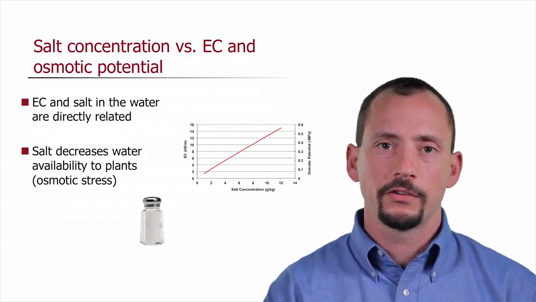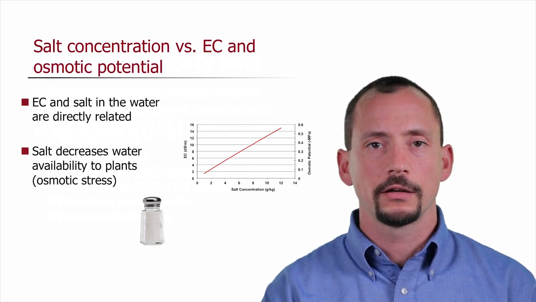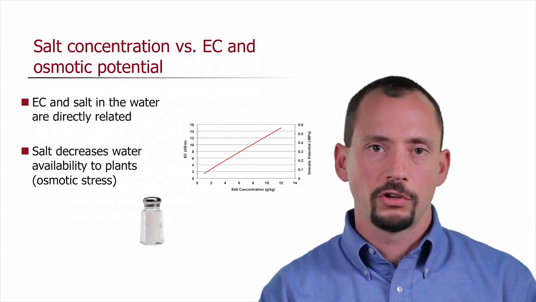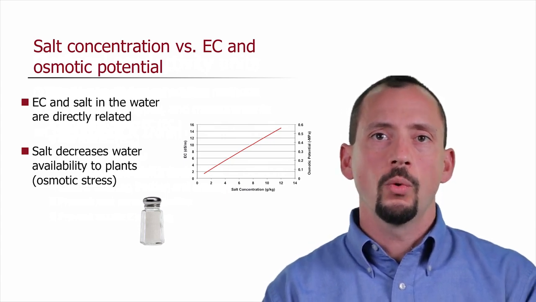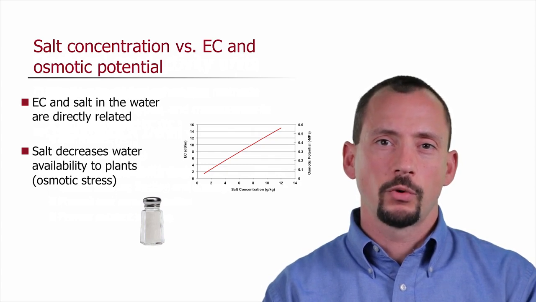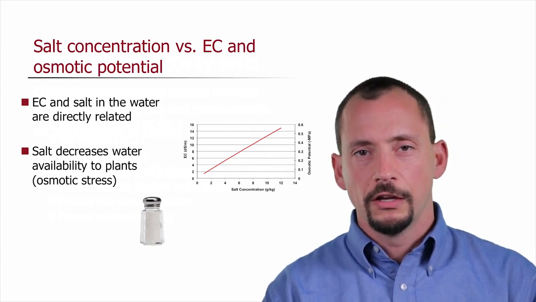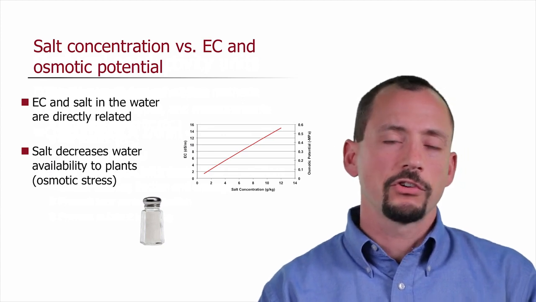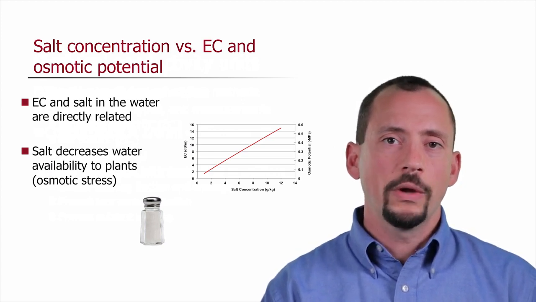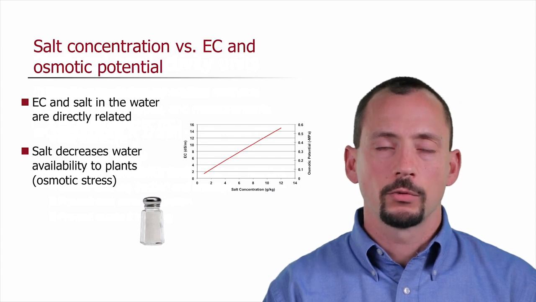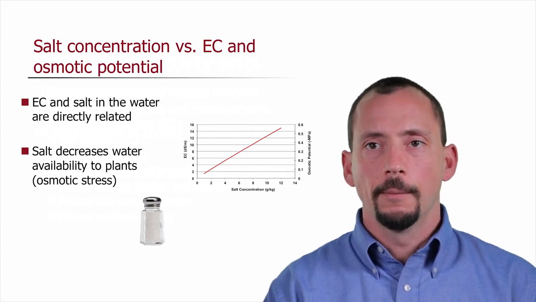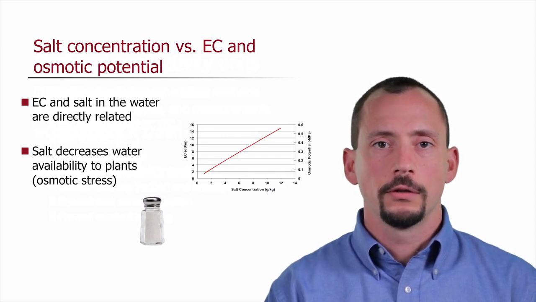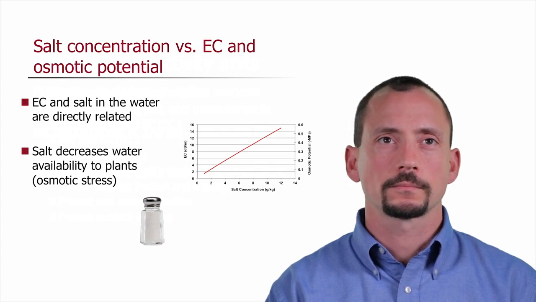So what this means is that if we can measure the electrical conductivity of the soil solution, then we know the salt concentration of that soil solution. So you can almost use salinity and electrical conductivity interchangeably. I'll talk in just a minute about which of the electrical conductivity measurements we can actually use as a proxy for the salinity of the soil.